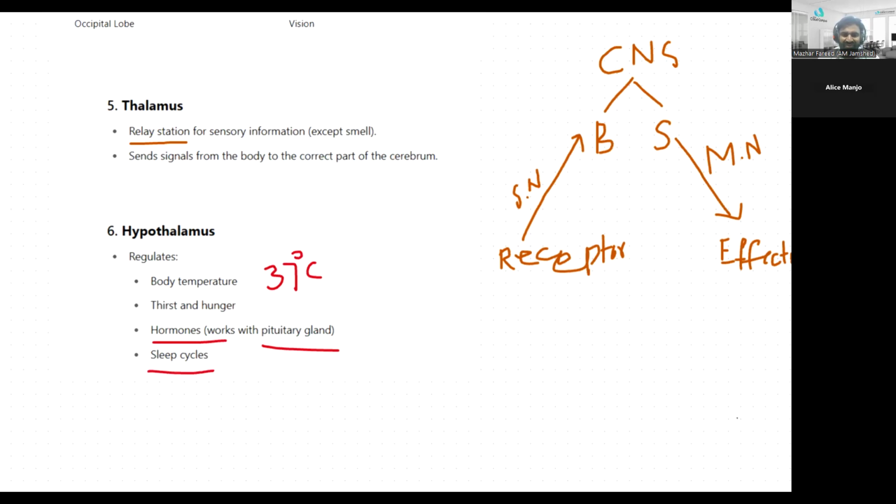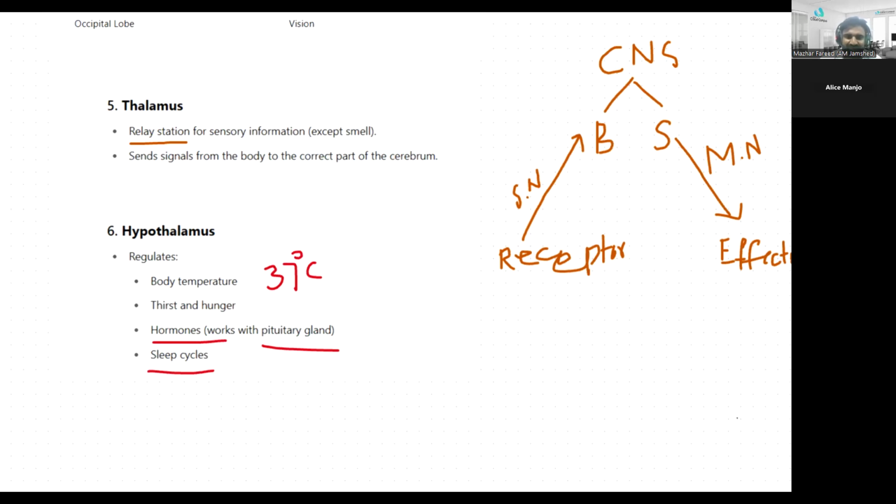So when most of the neurons are damaged, the hypothalamus signals our body that we have to go to sleep. When we sleep, our neurons are managed and repaired, and then we feel fresh. So the hypothalamus has an important role in controlling the sleep cycle.